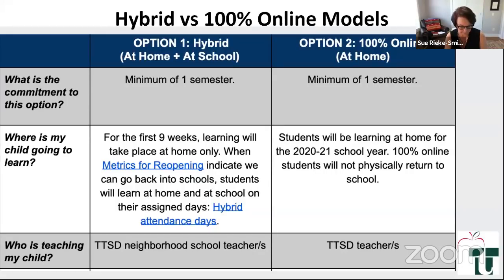Dr. Lisa. Okay. So Dr. Sue, if I'm a parent or a family or a community member, what is TTSD's commitment to these 2 options? So again, getting back to the feedback that we received from you, we have adjusted that commitment to the course of 18 weeks or 1 semester.